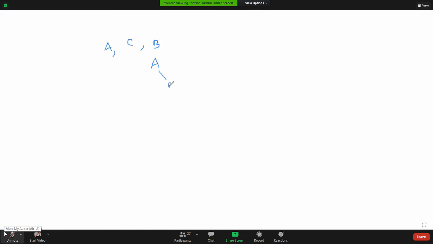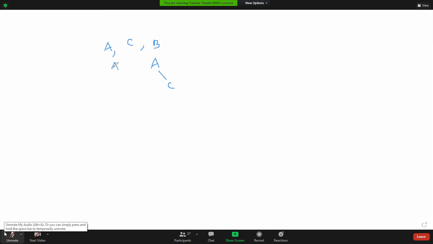Okay, so now maybe the nodes can be given in this order. Suppose A, after that C, and then B. At first we take A as the root node and see whether the next node is greater than A or less than A. C is greater than A, so it will be added in the right subtree. But before that, calculate the balance factor.